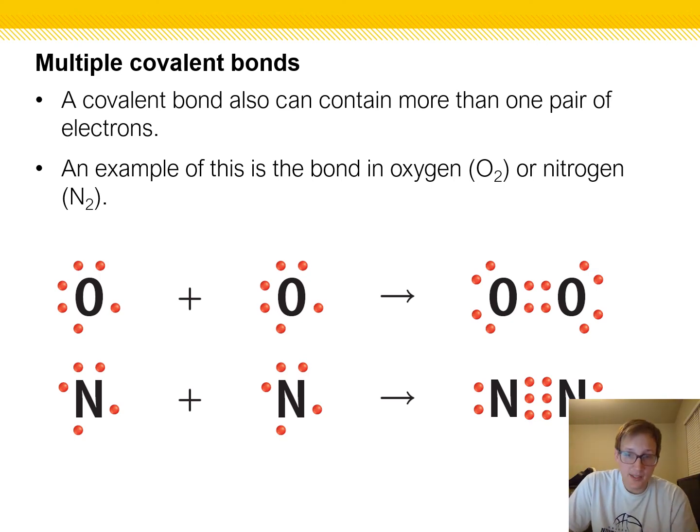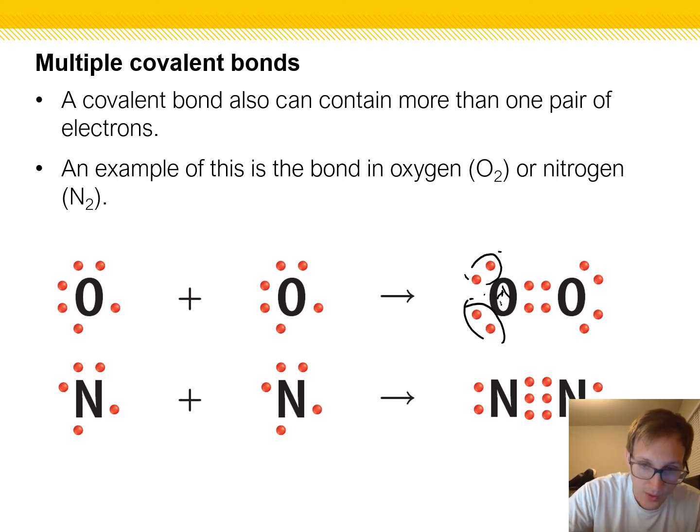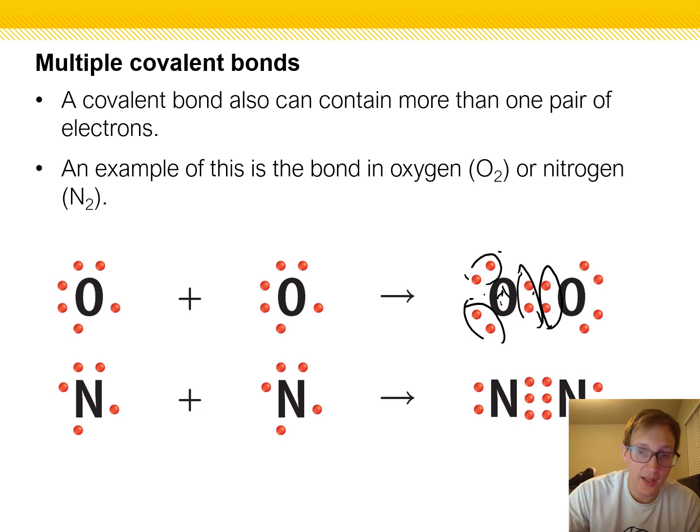So what it does is it shares 2 electrons with both parties. And so what ends up happening is, for example, this oxygen has 2, 4, 6, and 8 that the other is supplying. And then the other oxygen has 2, 4, 6, and 8 that it's sharing.